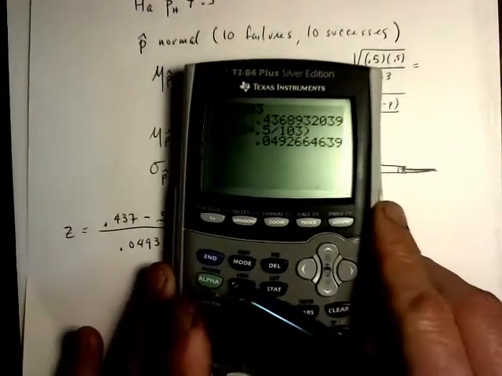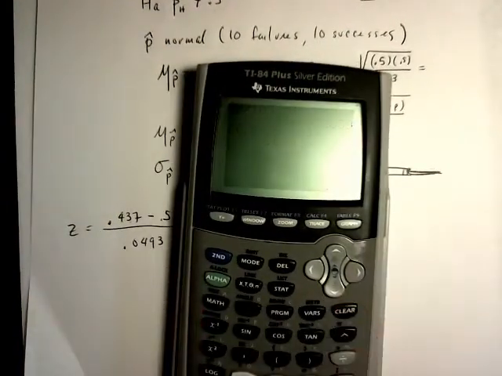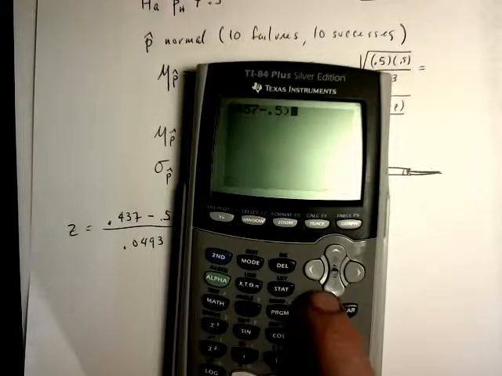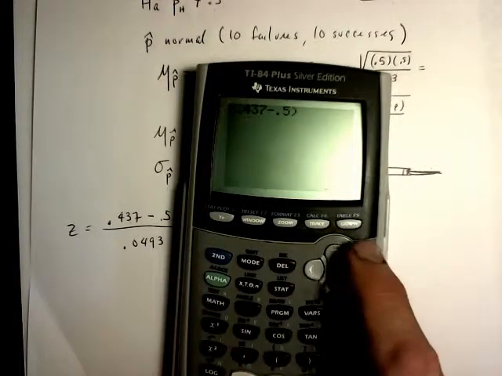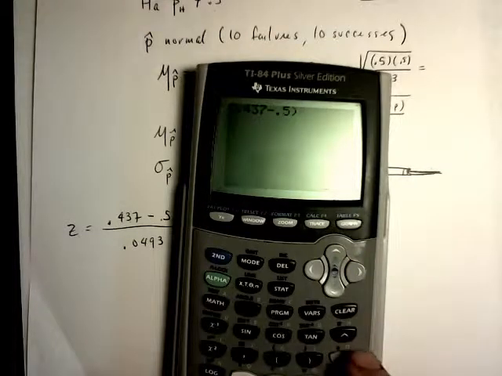So one more time, let's fight the glare here. We'll go 0.437 minus 0.5. I should put that all in parentheses because I want to divide it by the size of a standard deviation, 0.0493.